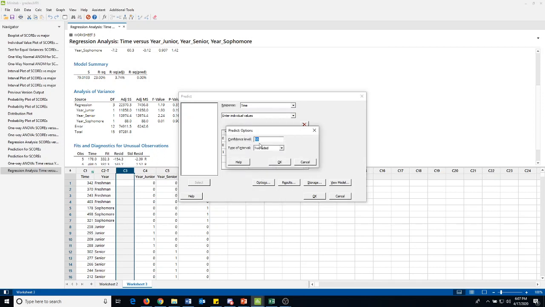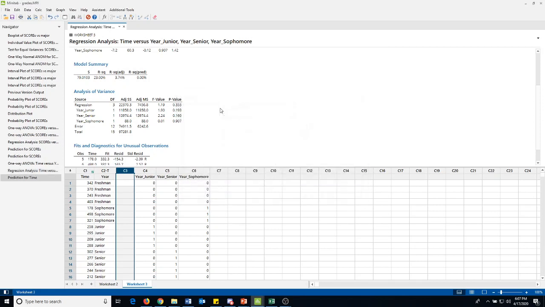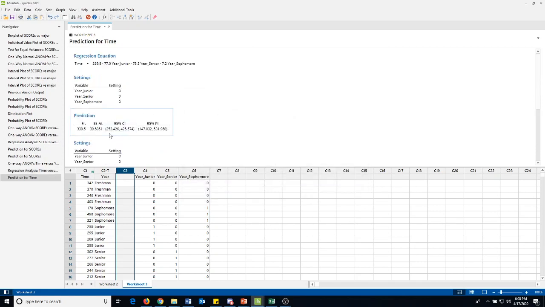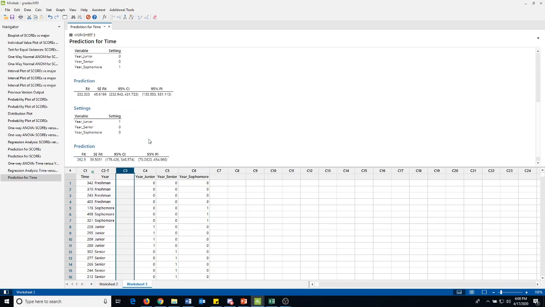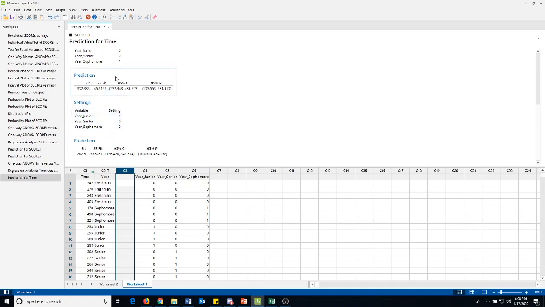Let's make sure we're doing a 95% confidence interval. I could change that by clicking the options button there. For freshmen, I'm 95% confident the average time is between 253 seconds and 425. For the sophomores, it's between 233 and 432, and the juniors, 176 and 348.